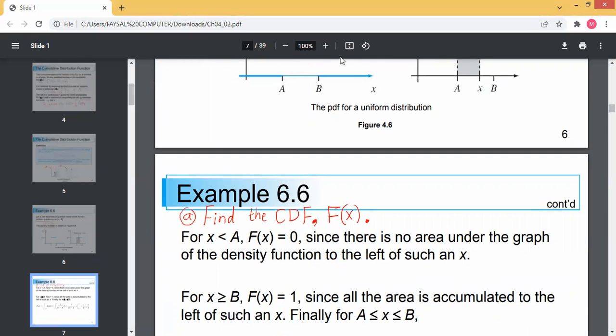So there are two limits: if x is less than a, my function value equals 0, and if x is greater than or equal to b, my function is equal to 1. I have two values, a and b, respectively. My value must be less than or equal to b, that is my highest value, and greater than or equal to a. So these are the points.